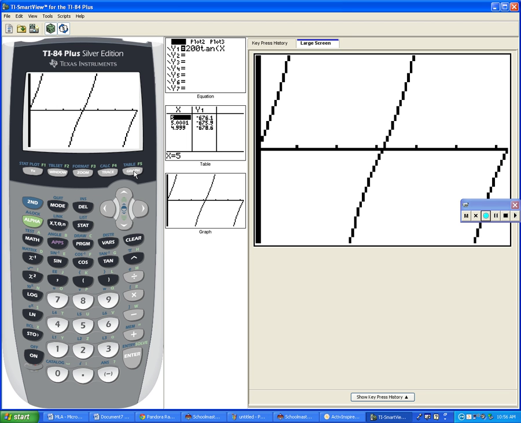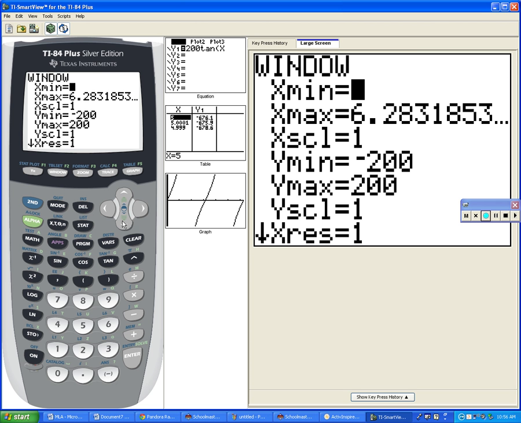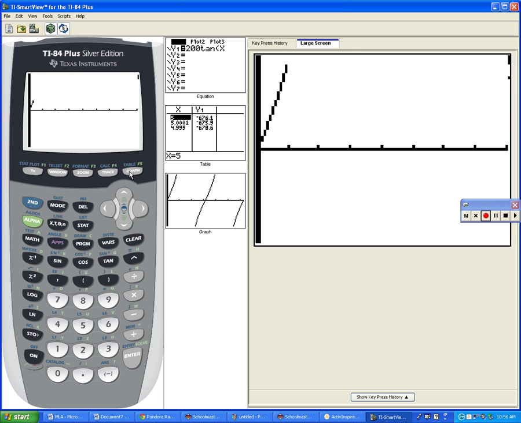All right, so what was my x scale? Oh, I went by 1. Let's go by pi over 4. And I'll make this a little bit easier. So pi over 4 is right here. What is the tangent equal there? How do we figure that out?